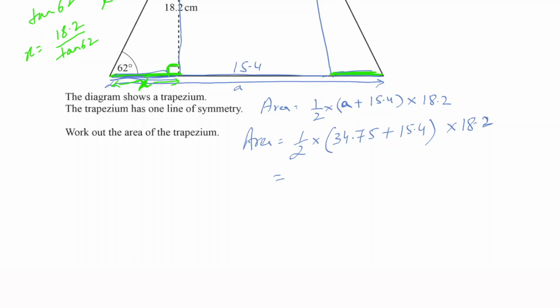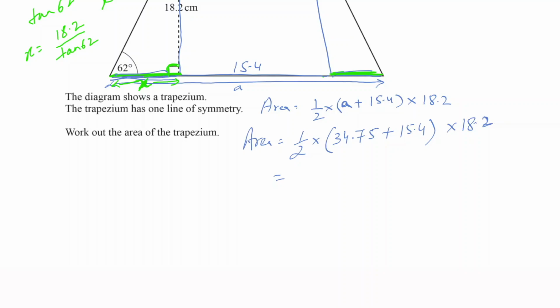Okay, so let's do this in our calculator. So it will be half of, let's put a bracket, 34.75 plus 15.4, bracket close, times 18.2, and the answer is 456.365.